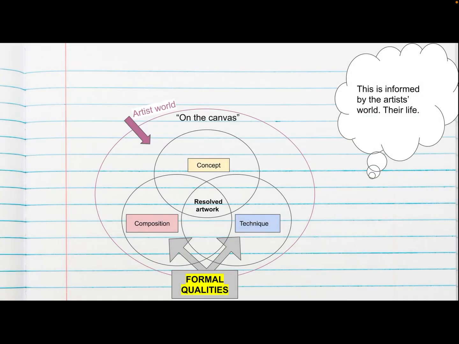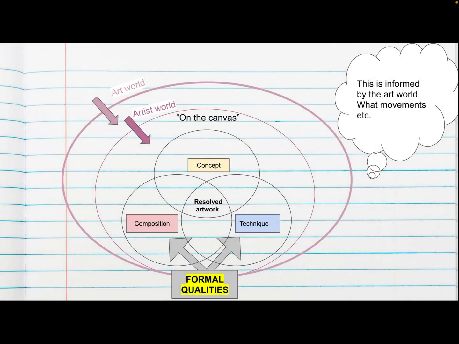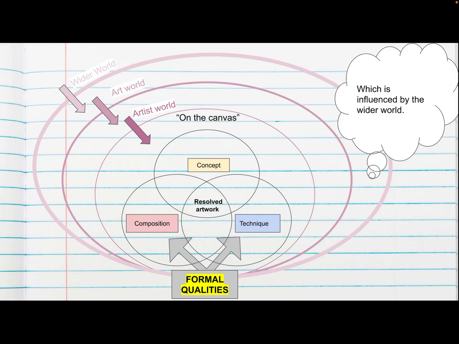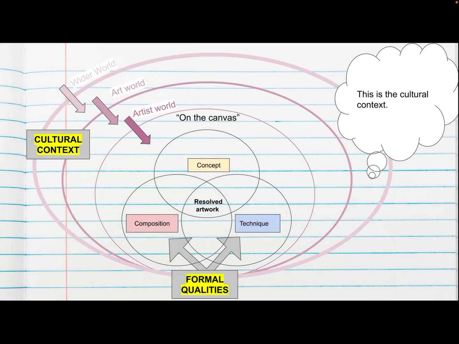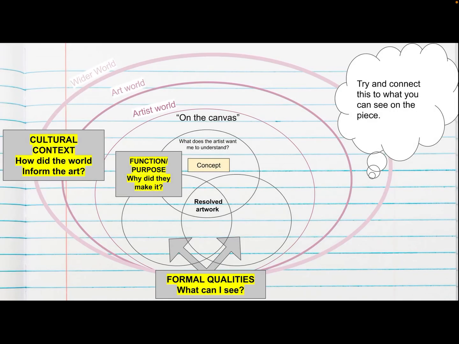It's informed by the artist world and their life, which is informed by the art world, what movements were happening, etc., which is influenced by the wider world. So the wider world, the art world, and the artist world are what we consider to be our cultural context. They all inform the concept behind the piece that is being produced and answers the question, what does the artist want me to understand? This is our function and purpose.